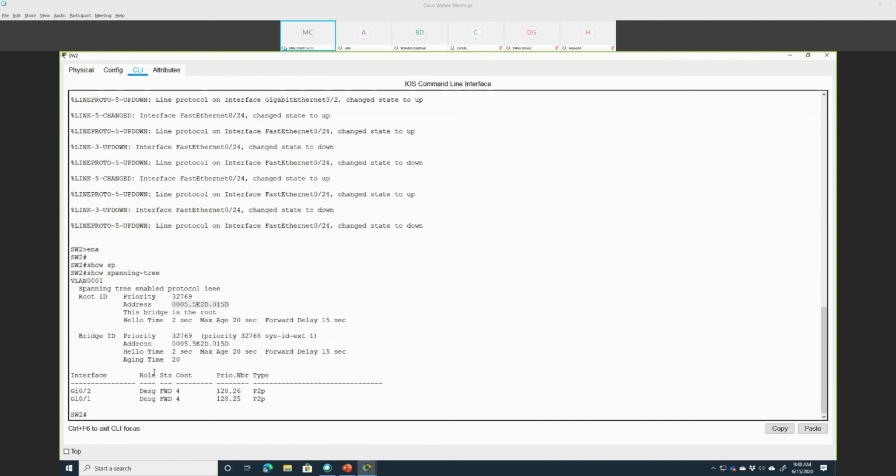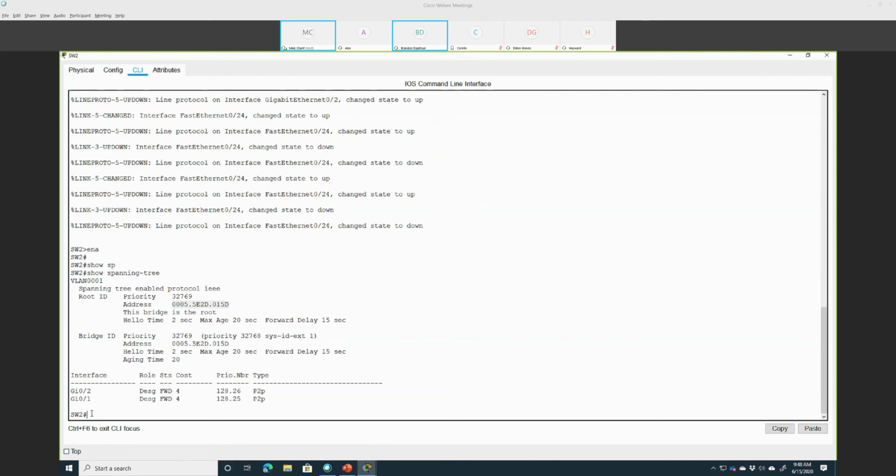Now let's go to the second line, interface Gigabit 0/2 and Gigabit 0/1. And as you can see, the role is designated, and it can basically forward information. Forward. You follow? And also they have what? Point to point, means it's going from one switch to the other. That's what we call point to point.